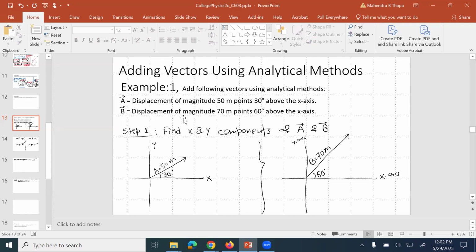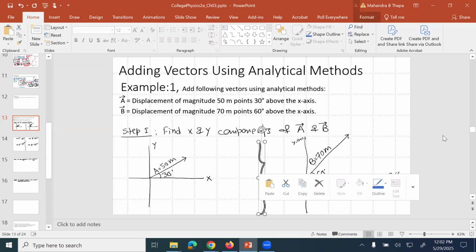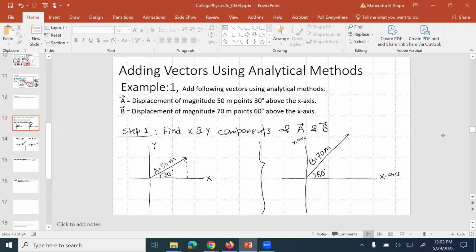And vector B is a displacement of magnitude 70 meters, pointing at an angle of 60 degrees above the x-axis as shown in the figure. Okay, the goal is to add these two vectors A and B. The first step is to find the x and y components of vectors A and B. In this picture, this is component AY and that is component AX.